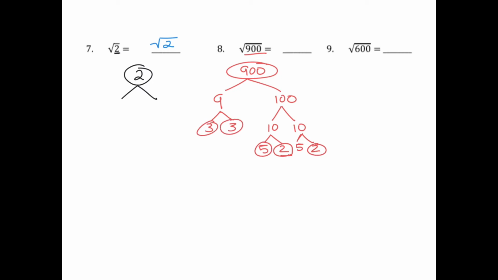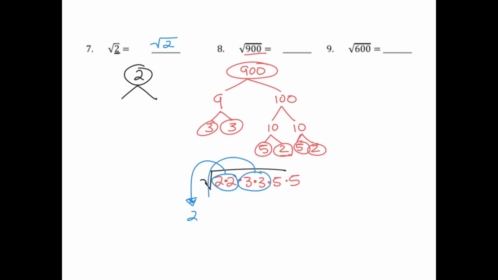So now our square root is going to be 2 times 2, because I have two 2's, times 3 times 3, times 5 times 5. Here's where our method really starts, because the way we simplify this is by doing doubles. Since this is a square root, every pair of 2's is allowed to come out as one 2.